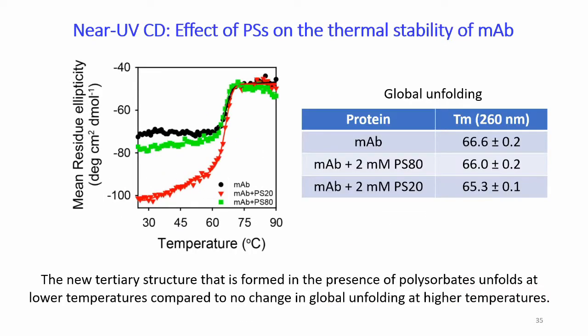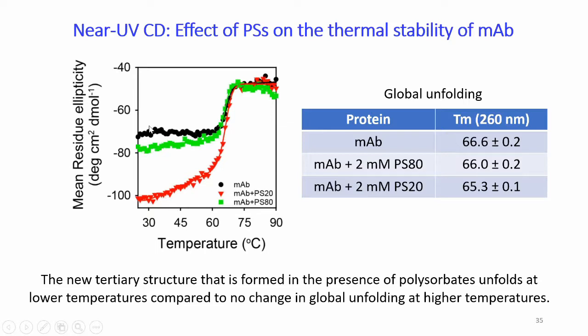And then since we have a probe to monitor the changes in the structure of the antibody as a function of polysorbates, we can use the same probe to monitor the stability of the protein before and after adding the polysorbates. Here is the thermal melt using near UV-CD as a signal as a function of increasing temperature. Black is the antibody with no polysorbates. Green is with PS80, red is with PS20.